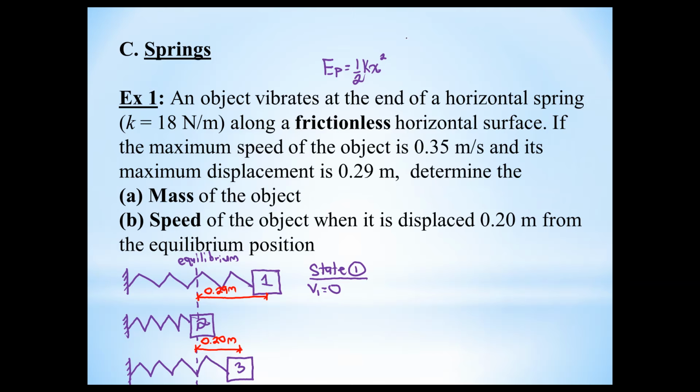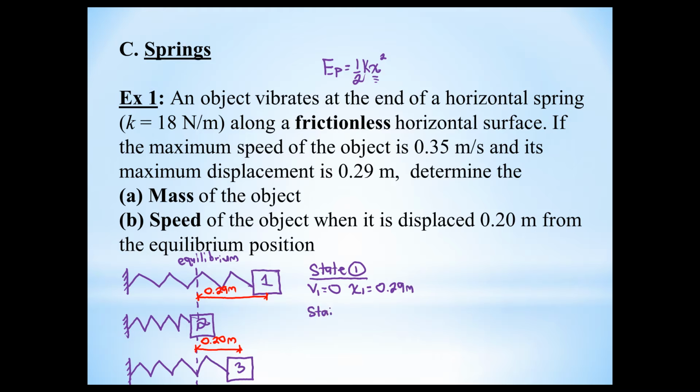So not 1/2 mv squared. Mv squared is only dealing if we have changes in height. So the important variable I want for a spring for conservation of energy is the distance from equilibrium. So in this case, it's going to be 0.29 meters.